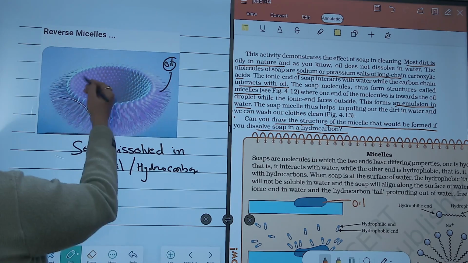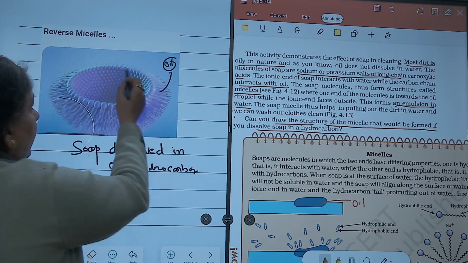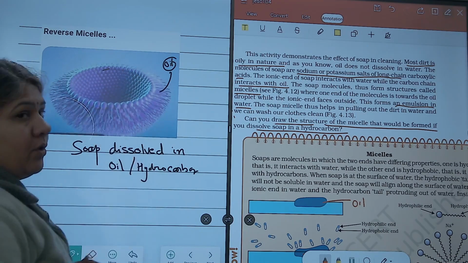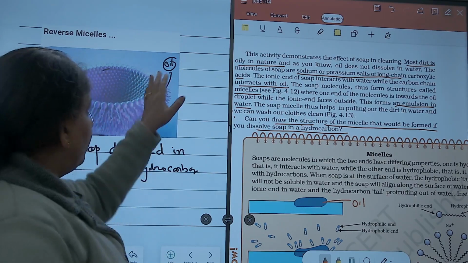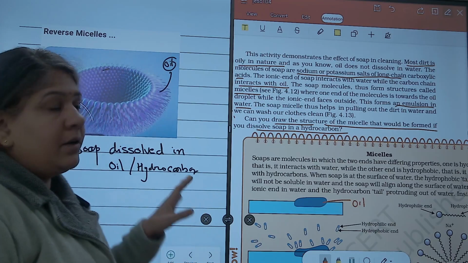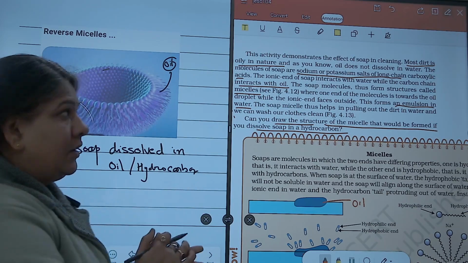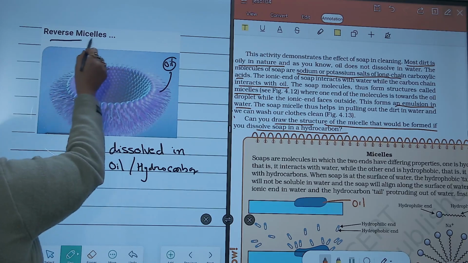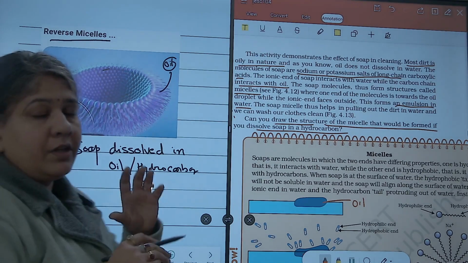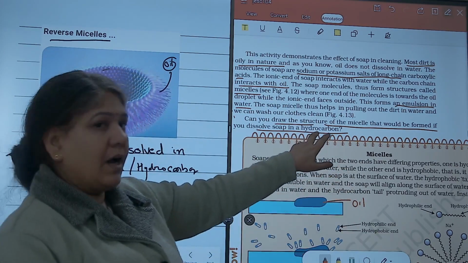And the ionic part will be on the inside because in terms of oil we can say it is lipophobic. So it will tend to avoid oil, so it will cluster in the center. Hence the name reverse micelle. So whatever structure you get in water, the reverse you will get in the hydrocarbon.